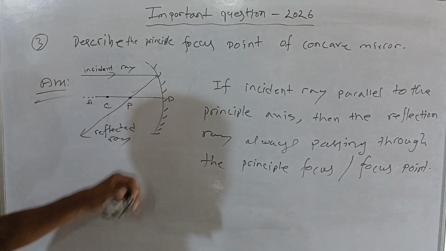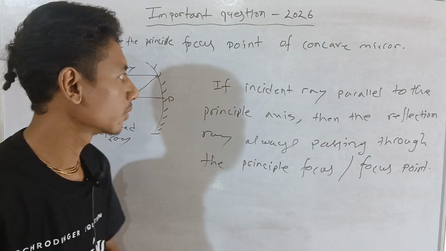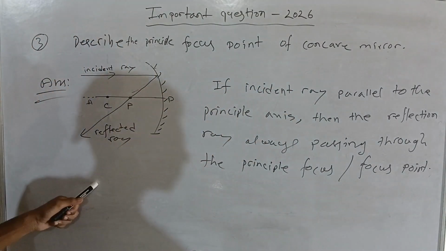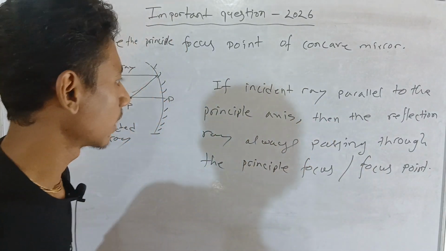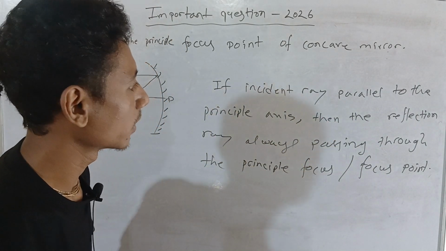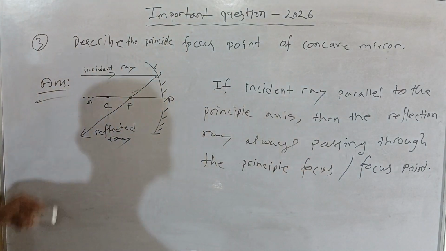Okay, this is the answer of this question. This is the principal focus point of a concave mirror. This is the diagram and this is the description. If the incident ray is parallel to the principal axis, then the reflected ray always passes through the principal focus or focal point. Okay, this is question number 3.